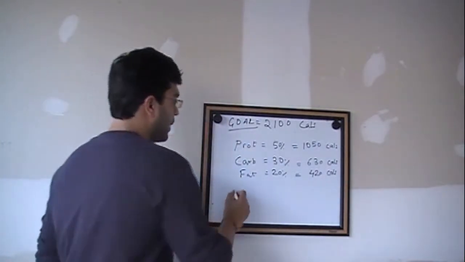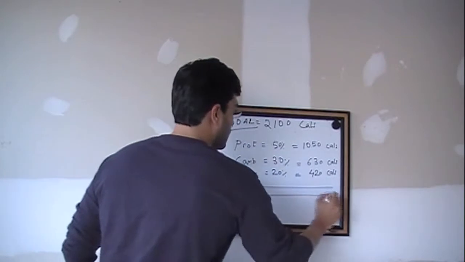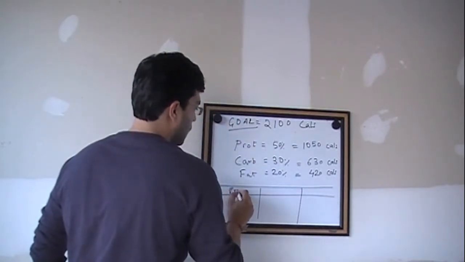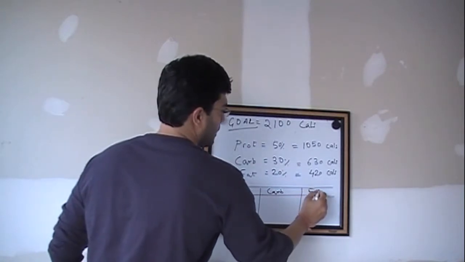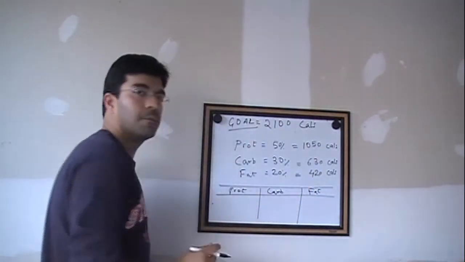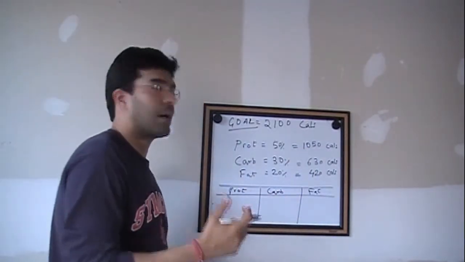Now we need to convert these to grams. So the way to do that is take this number and divide it by the number of calories per gram.